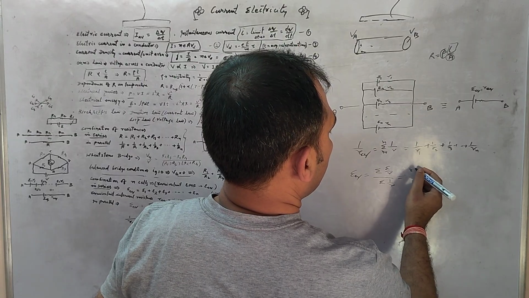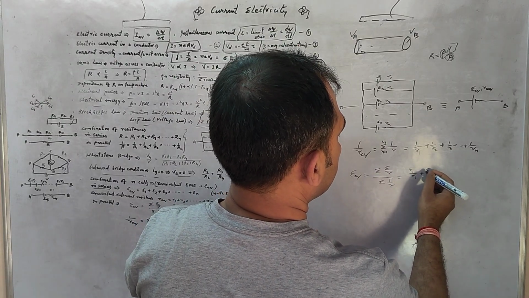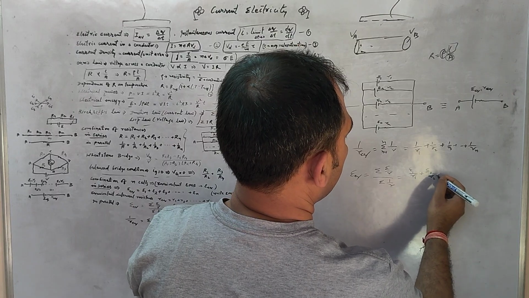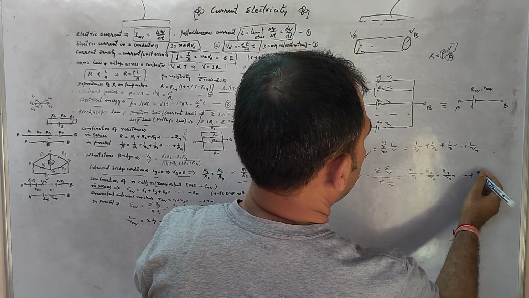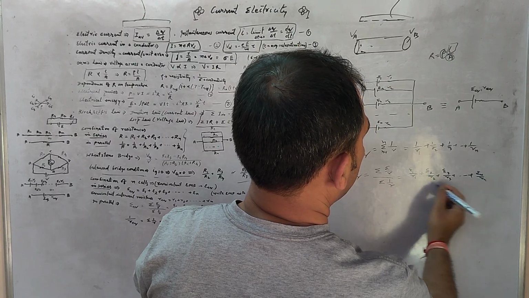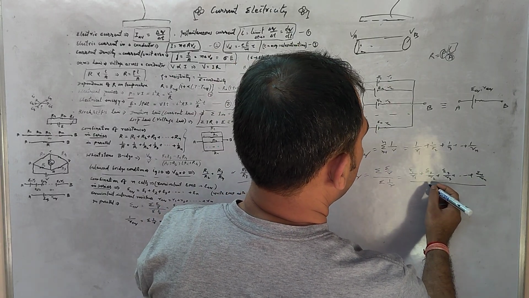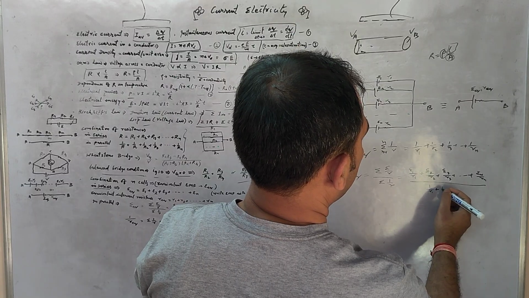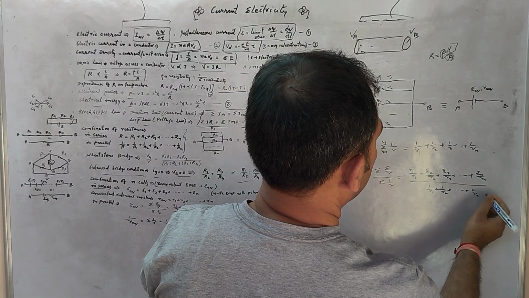This will be equal to E1 by R1 plus E2 by R2 plus E3 by R3 plus so on, En by Rn, divided by this R equivalent: 1 by R1, 1 by R2, 1 by Rn.